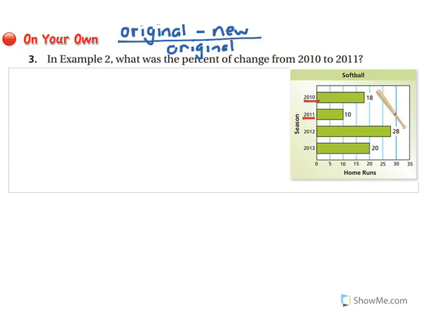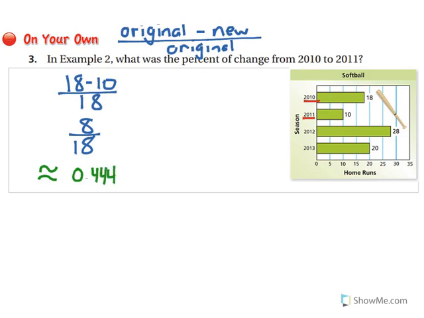So we're going to have 18 minus 10 over the original, which is 18. So we have 8 divided by 18, which is approximately 0.444. It's 4 repeating.